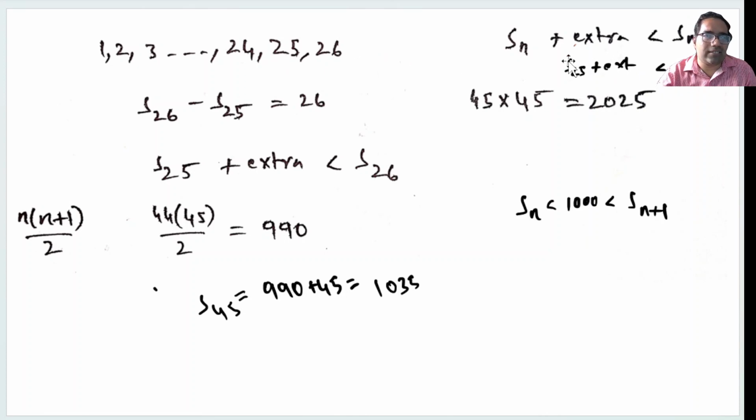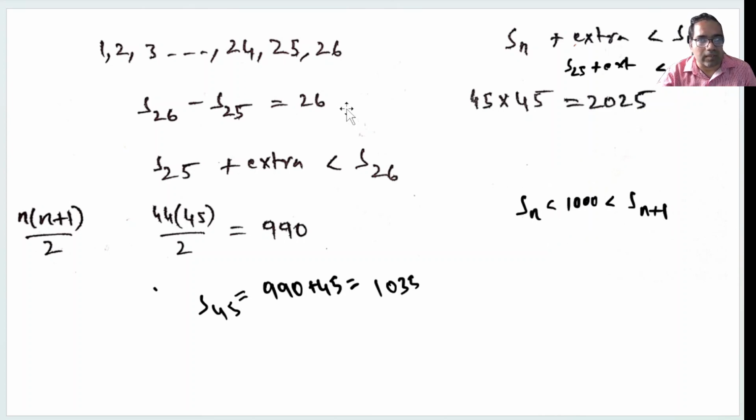So what we are trying to see is that this 1000 that we are getting should lie between some Sn and Sn plus 1. It has to lie between Sn and Sn plus 1, two consecutive sums only.